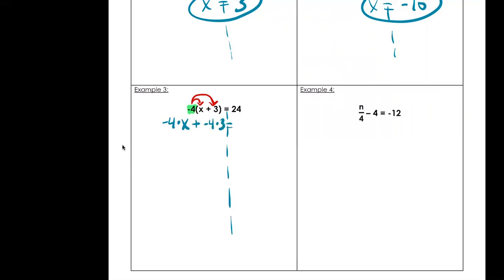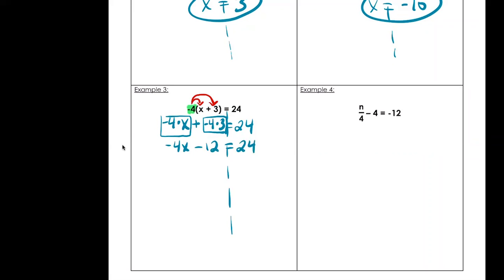Bring down your equal sign, bring down 24. -4 times x is going to give me -4x. And then -4 times 3 is going to give me -12. So I'm going to write -12 and bring down the equal sign, bring down the 24.